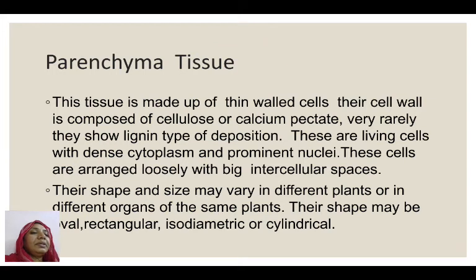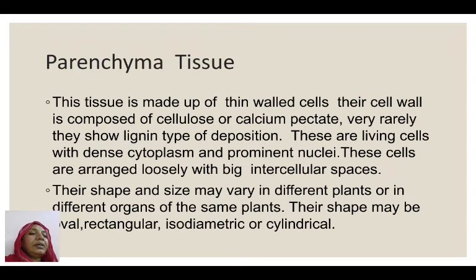Their cell wall is composed of calcium pectate, or very rarely shows lignin deposition. In most of the cells, the wall is made up of cellulose. These are living cells with dense cytoplasm and prominent nuclei.